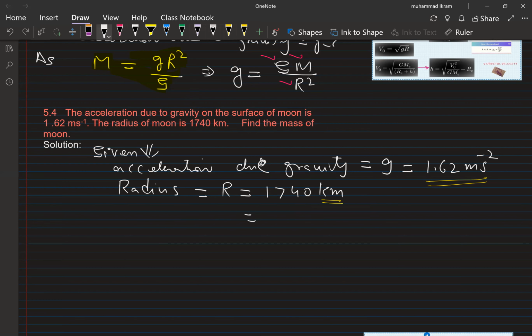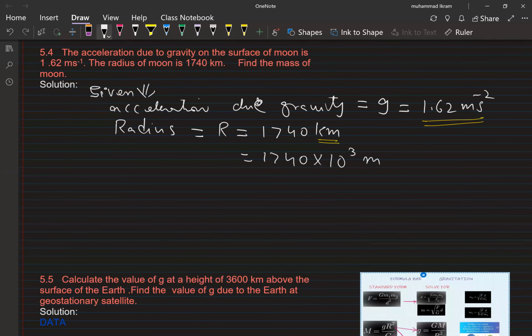So I'll be writing 1740 times 10 power 3 meter. To make it even prettier, this is just like 1.74 times 10 power 3 times 10 power 3 meter. So better to write 1.74 times 10 power 6 meter.